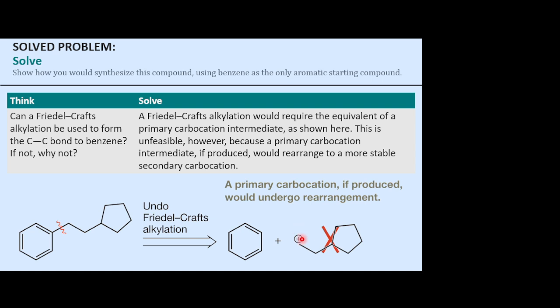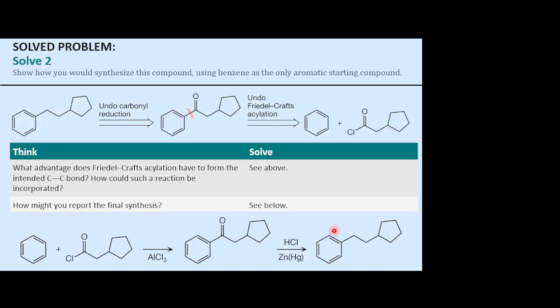Will it stay there? No. This is going to rearrange, won't it? To a secondary position. Actually, it'll probably rearrange all the way to the tertiary. We'll just keep getting hydride shifts, right? So, we're not going to be able to get that to work, are we? That would have been really elegant, right? But, alas. The limits of reality.